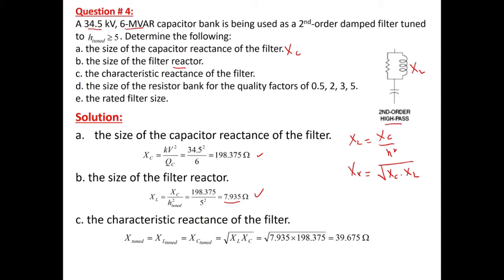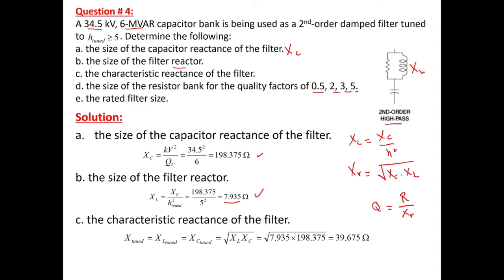Part D, determine the size of the resistor bank for quality factors of 0.5, 2, 3, and 5. Over here of course we have a second order high pass filter, so to calculate the quality factor of that, the quality factor will be given as R divided by XR, the characteristic reactance of the filter.